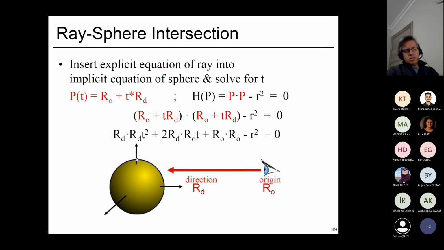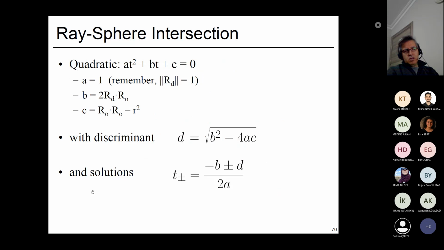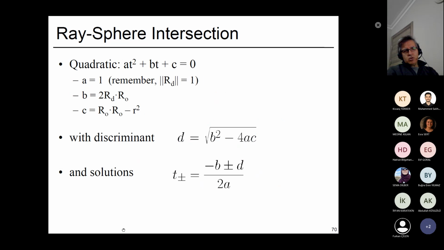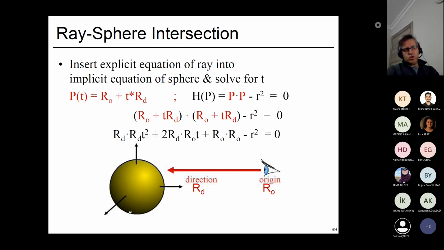And in some cases, those two solutions might be the same. This is when the ray intersects the sphere at one point, just a tangent point. Or if it's piercing through the thing, then you will have two solutions, one closer than the other one. And if it is not intersecting it at all, then you'll have no solution.